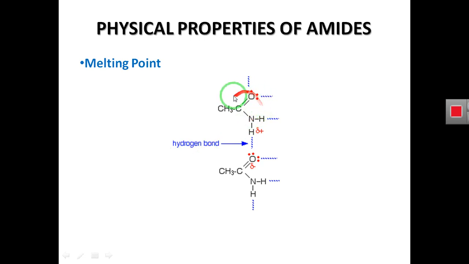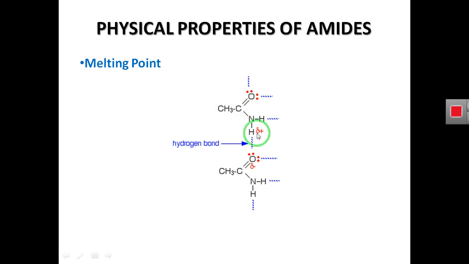Because as you can see here, we have two amide molecules. We can see their structure has an amine group and a methyl group, and the carbon atom is bonded to the oxygen atom with a double bond. So why does the amide have the higher melting point? Because one hydrogen atom of the amine group of this amide is positively charged.